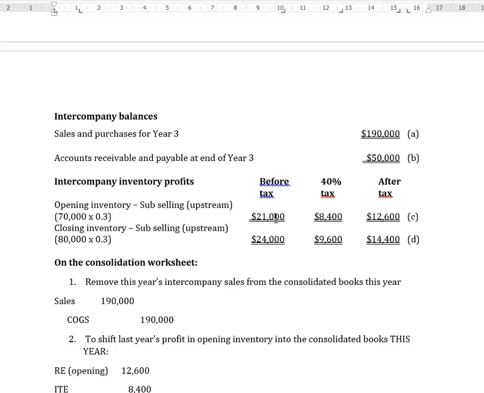So we would recognize that $12,600 on an after-tax basis, as well as the tax expense and the pre-tax profit, in the consolidated books in the current year, year 3.